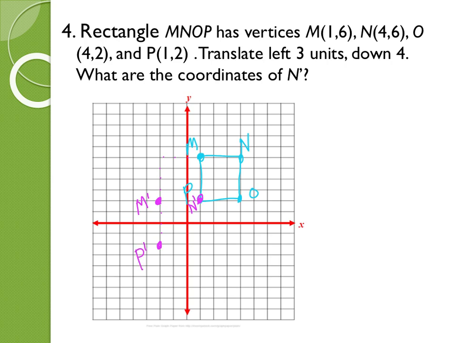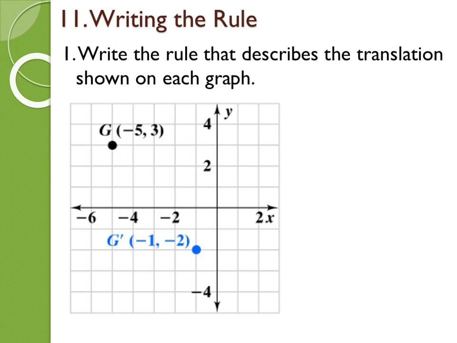O: 1, 2, 3, 1, 2, 3, 4. And my question says, what are the coordinates of N prime? So I only want to list N prime. N prime is 1, 2. Here, where the P was in my pre-image.